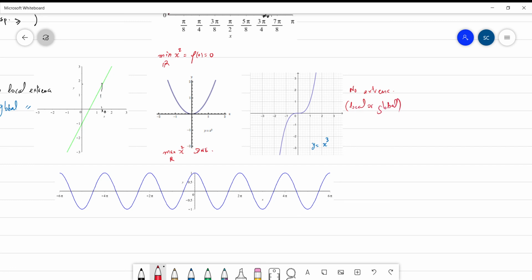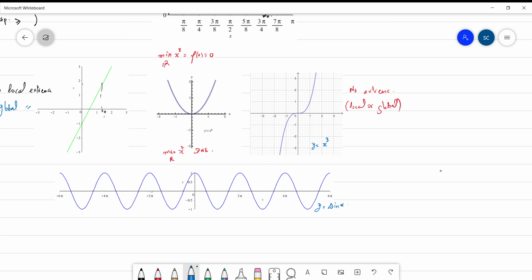Now let's look at the sine function. This is y equals sine x. You see that you have small mountains and small valleys. For the mountains, I can make the comparison: f(x) remains greater than the other y values for x on a small interval centered at this point.